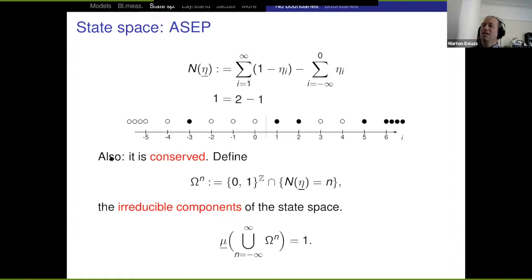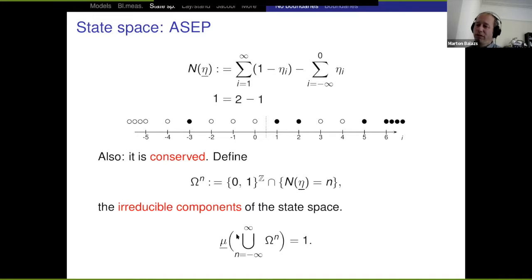Okay? So the state space, well, exclusion generally has state space {0,1}^Z, but now I can actually break it down according to the values of this conserved quantity. So first of all, I assume that there is a leftmost particle and there is a rightmost hole. And then I also assume that the conserved quantity is n. That's giving me a restricted state space of Omega n. These are going to be the irreducible components of my Markov chain.